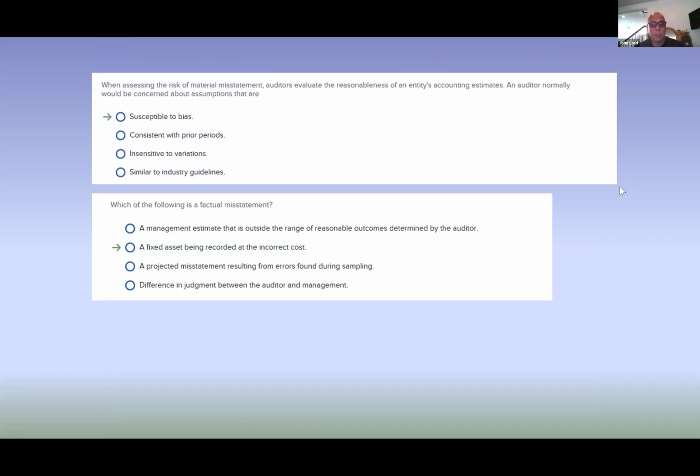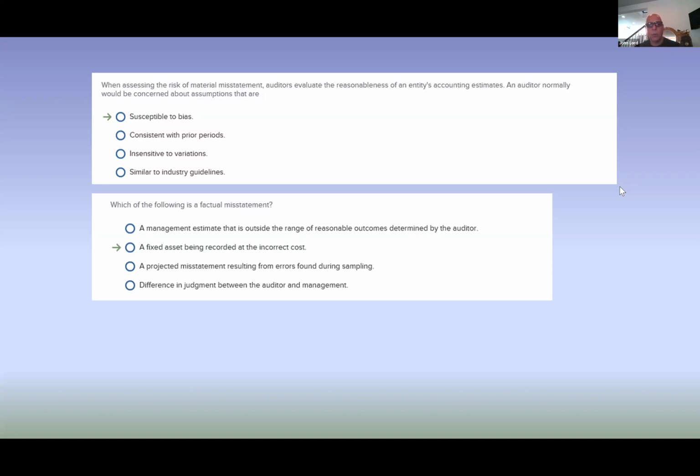Okay, if management has some bias that is causing them to maybe increase revenues, decrease expenditures, increase net income, the auditor would be concerned about that, right? These others would probably be the opposite, would give the auditor some level of comfort with the estimates that are being used.